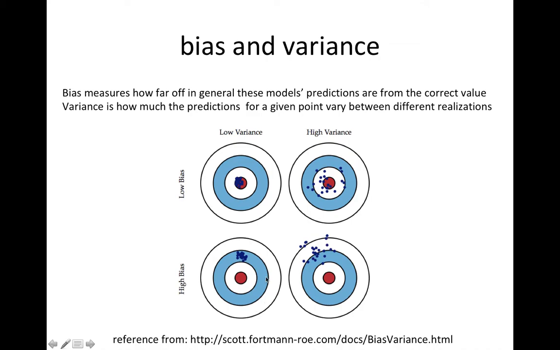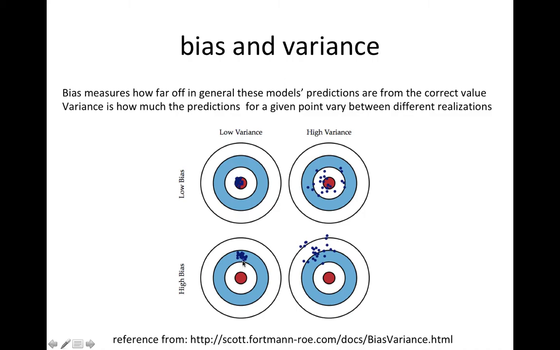So high bias is the underfitted model. You can see this red point is the correct value, but your predictions, the blue dots here, are far from the correct value. For example, our model which was trained with just a round shape is a ball. Well, it's not working well, right? It's far from the correct value on the training and the test data also.